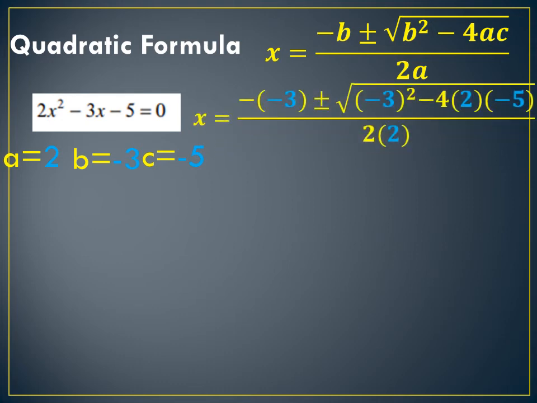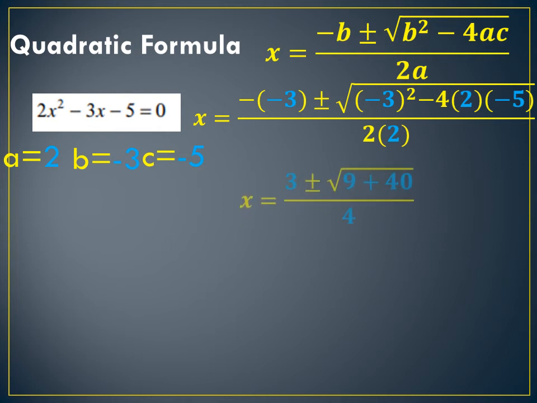So you have x equals negative times the value of b, which is negative 3, plus or minus the square root of the value of b again, negative 3 squared, minus 4 times the value of a, which is 2, times the value of c, which is negative 5, all over 2 times the value of a, which is 2.